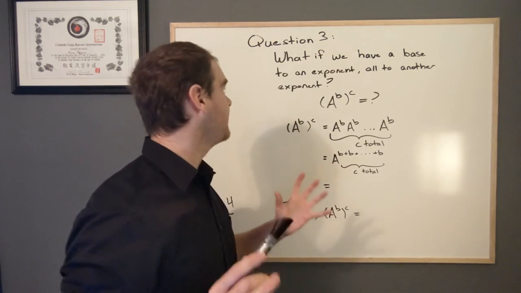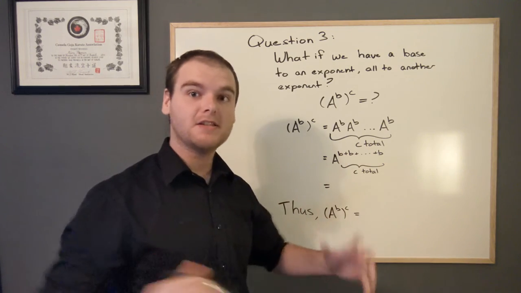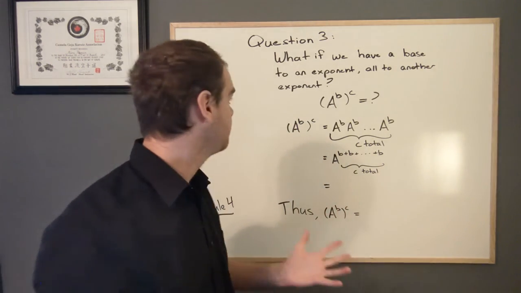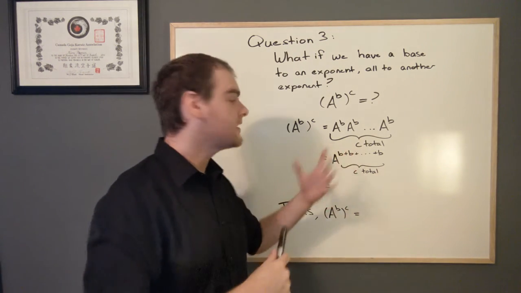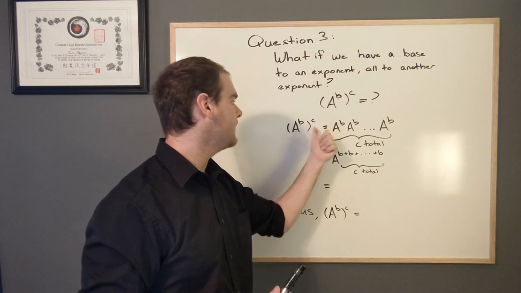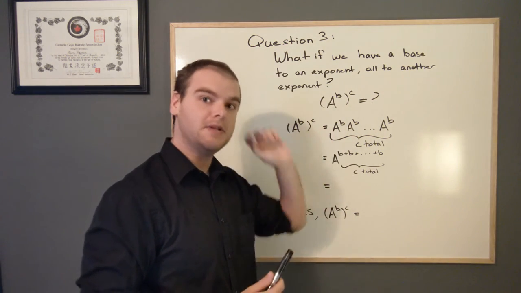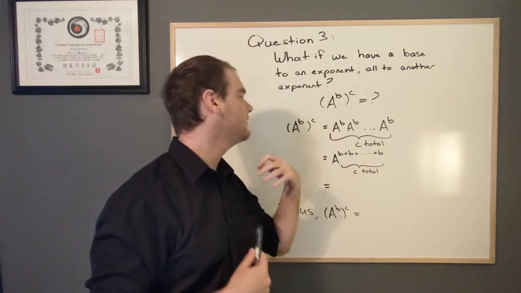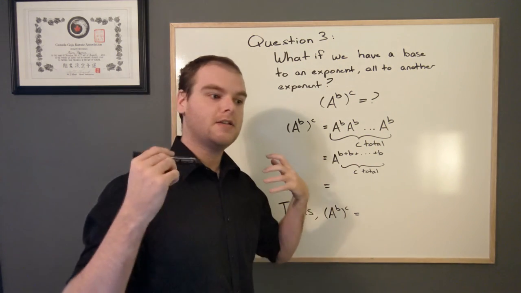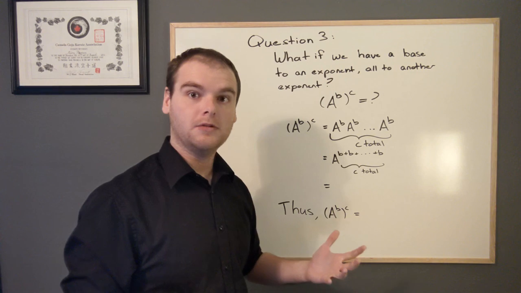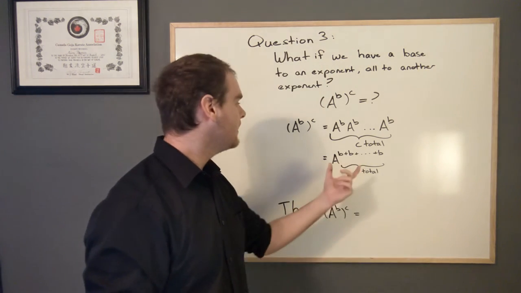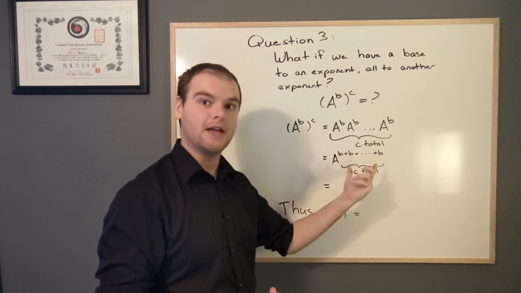Now we're going to get a little crazy. We're going to take a base to an exponent, and then we're going to put all of that to another exponent. So when we do that, we can expand that using our definition of an exponent for the c guy. So then we have a to the b times a to the b, and we do that c times. Well, then we can use that second exponent rule to change all of these multiplications of the same base to adding all the powers together.